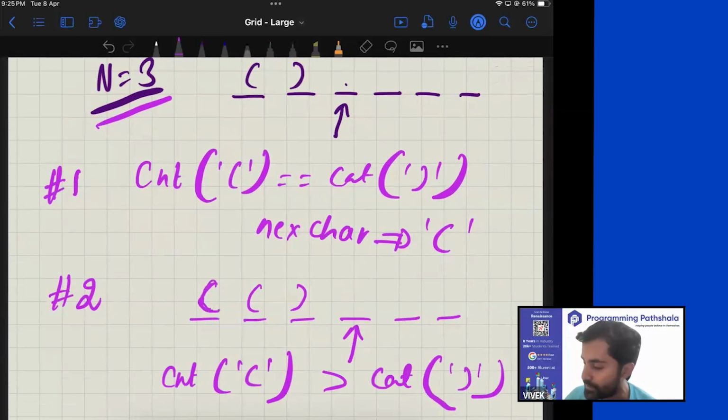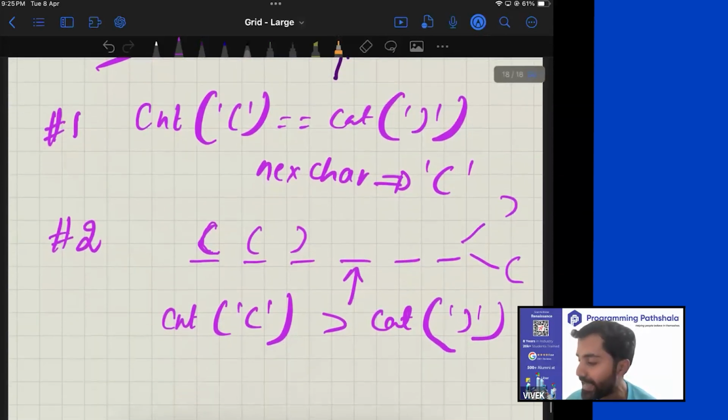Because it has not been closed yet, you can definitely put a closing brace. That is definitely on your cards. But how about an opening brace? Can I put an opening brace also? In this situation, you would say, yes, of course, I can put an opening brace. That is the reason you are saying there are two choices, but there is one catch.